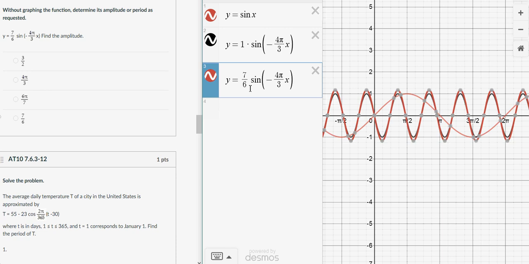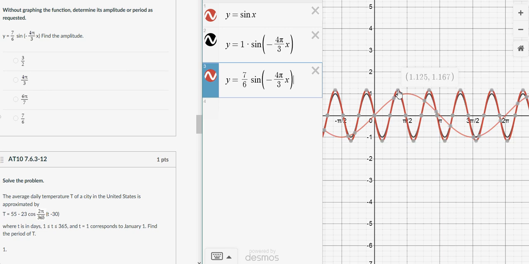So in this case, this function has a curve which only changes amplitude from 1 to 7 over 6. So you can see here, for the local maximum, the value gets a little bit higher.